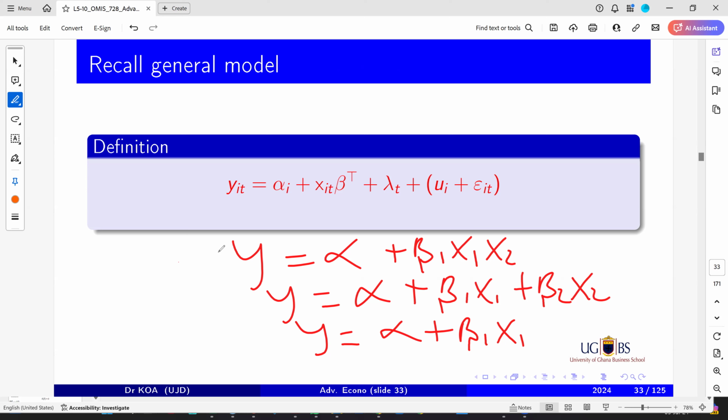The second one is a regular regression model. The third one is Y equals alpha plus beta 1 x1, the standard one. Let me ask Richard, can you use these models to explain quickly what you said?